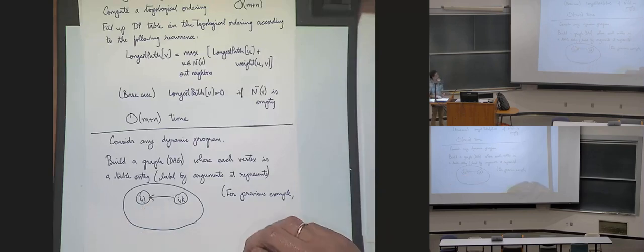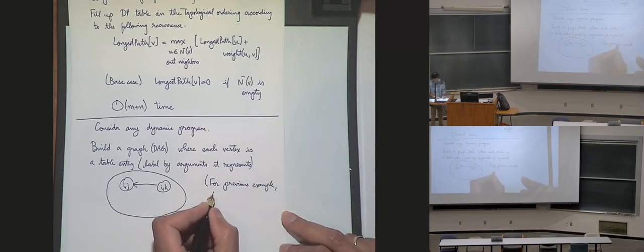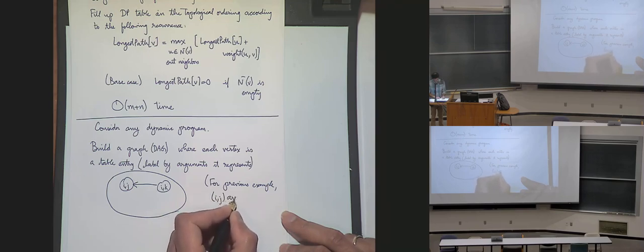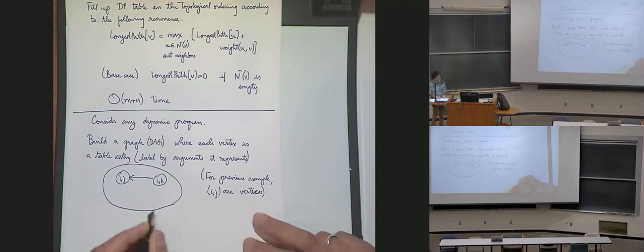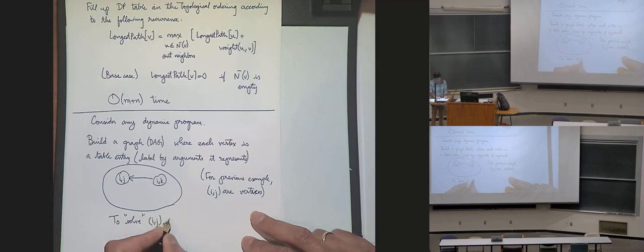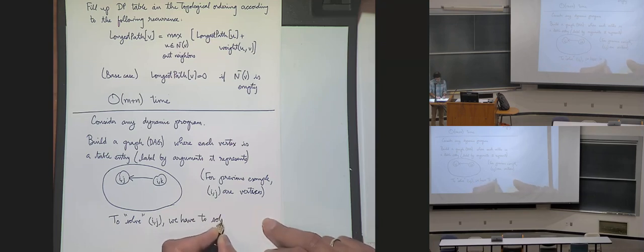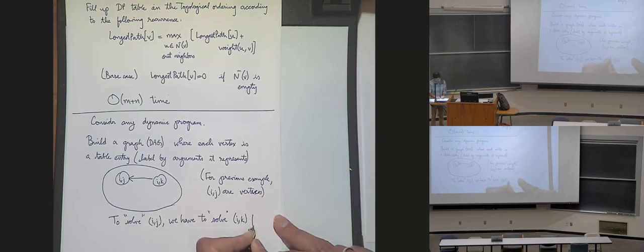Now I'll put this edge. What does this mean? So (i, j) are the vertices. What this means is to solve (i, j), we have to solve (i, k) first.